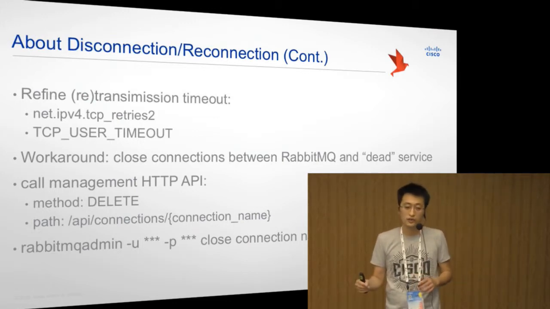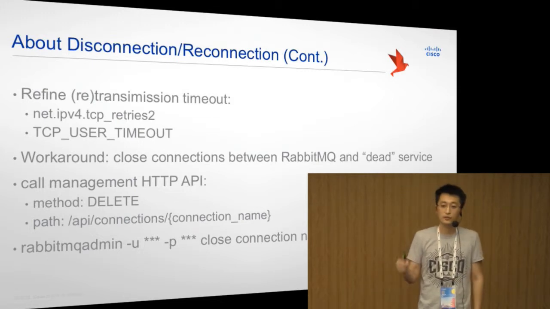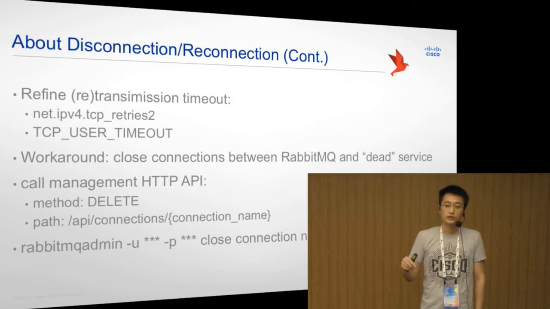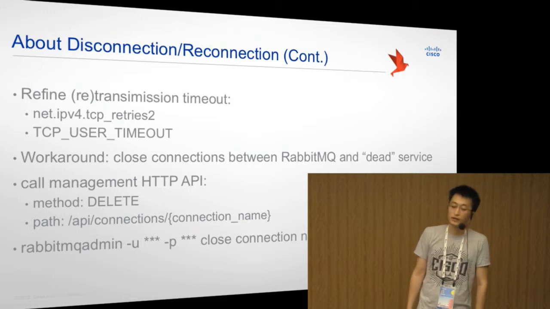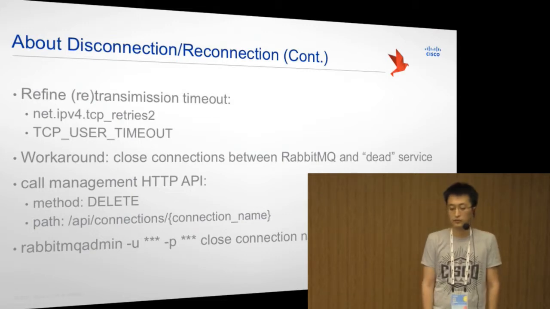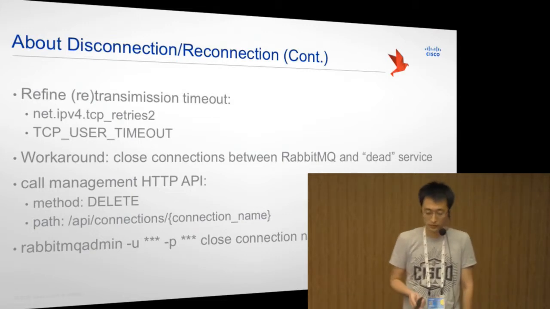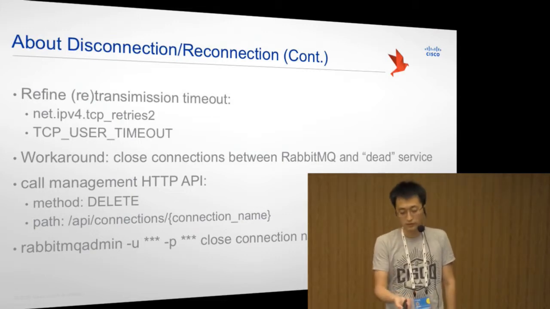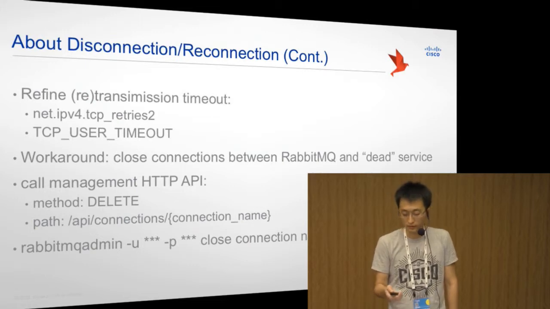In most cases, OpenStack is then able to redeclare that queue, and you can recover the service without restarting any of those. So this minimizes the impact. This can be easily done by running a simple script, right?